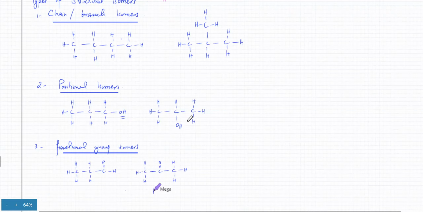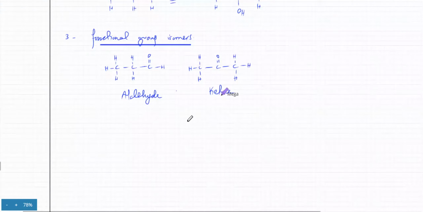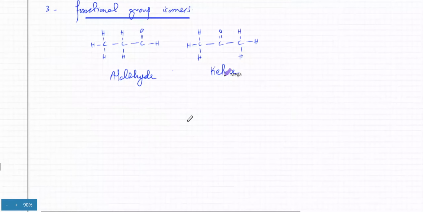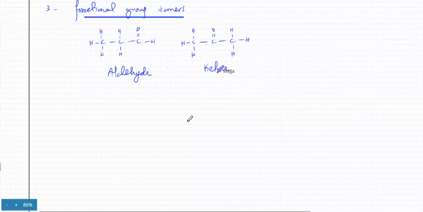So this one, I said this one is an aldehyde, this one is a ketone. So you can have different functional groups, and they can still be isomers.